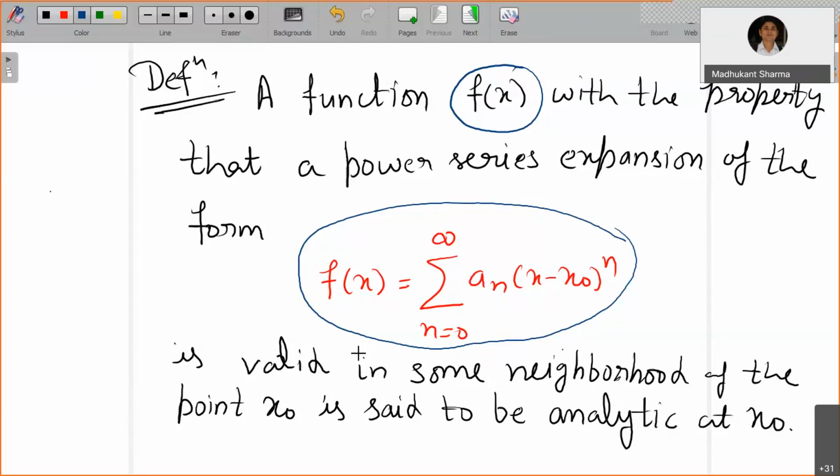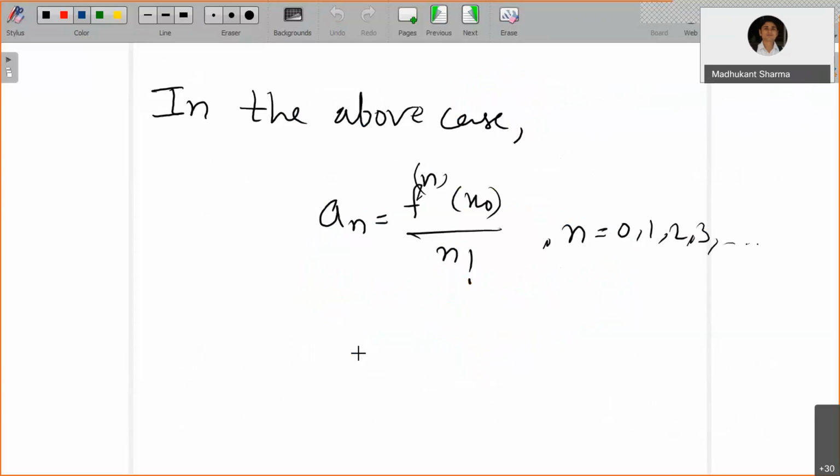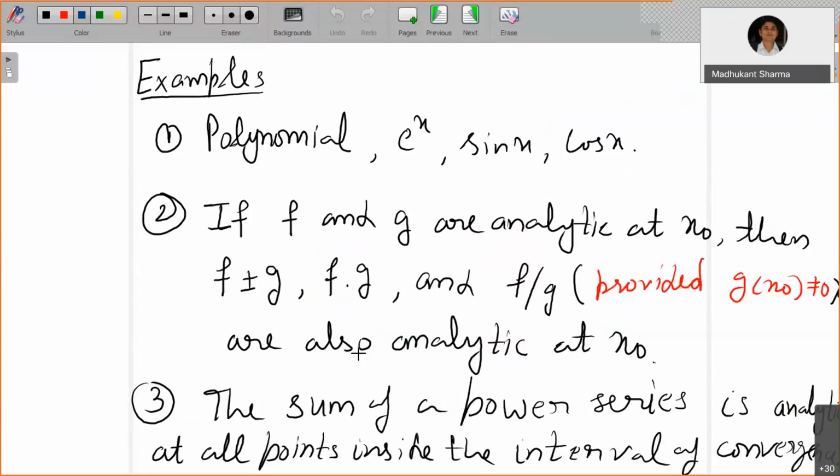Right. So what are the examples of analytic functions? All polynomials, e to the power x, sin x, cos x. You are familiar with them. They are analytic functions. You can ask how a finite degree polynomial qualifies.